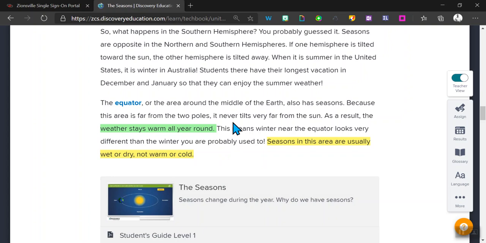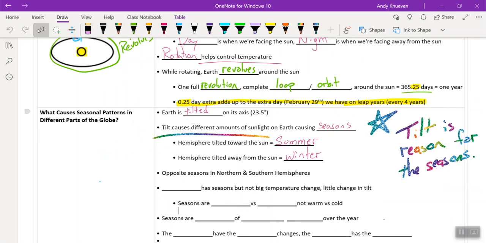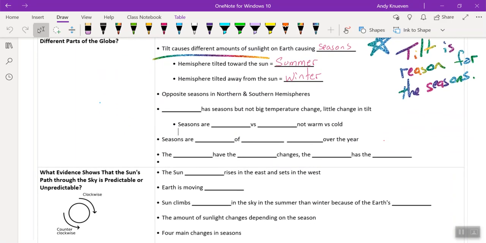So seasons are patterns that we then see in what occurs throughout the year. So let's jump to our notes. So opposite seasons in the northern and southern hemisphere. Yeah, when we have winter, southern hemisphere has summer. So let's carry on with our notes here.